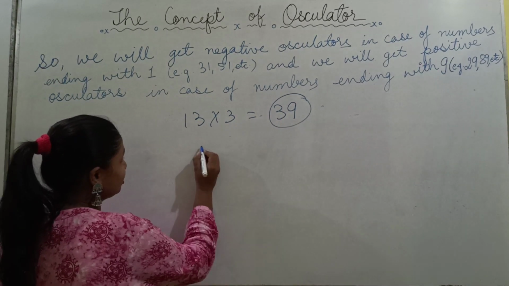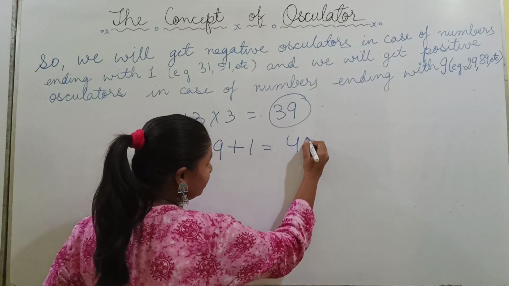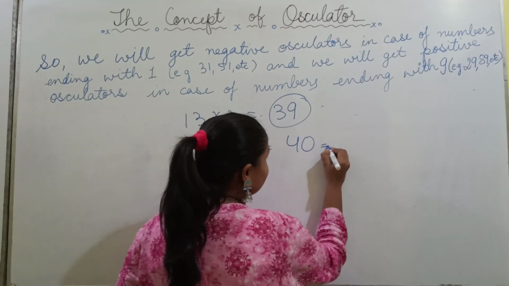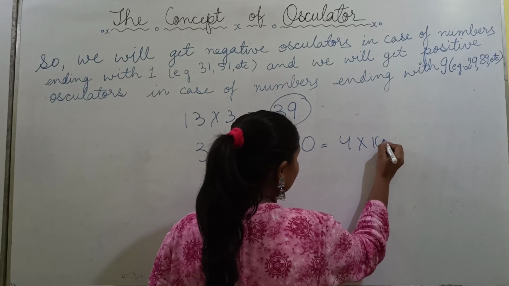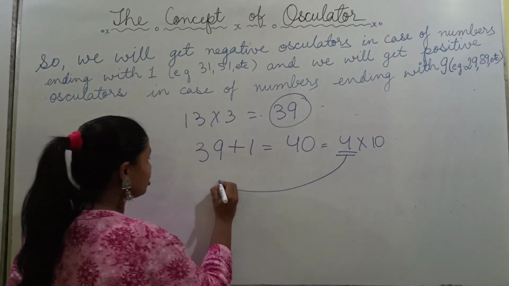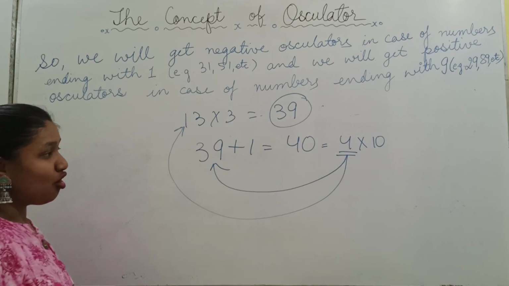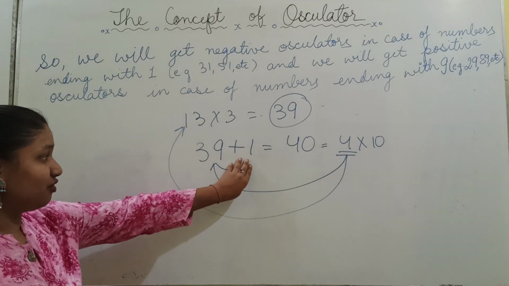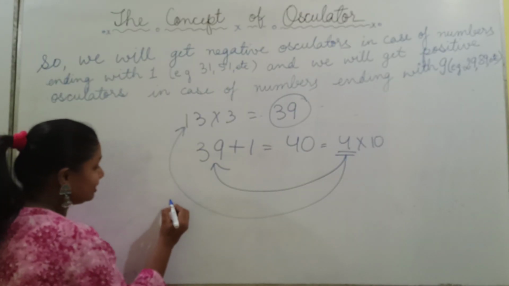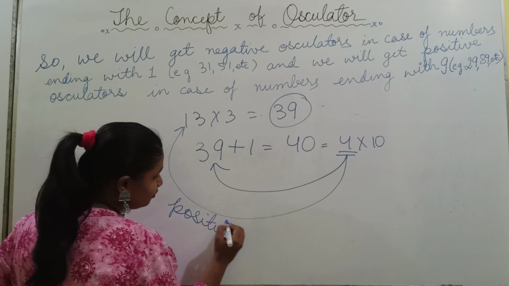Now next we will do 39 plus 1 equals 40, which is a multiple of 10, right? Also we know that 4 into 10 equals 40. Now this 4 will be the osculator of both 39 and 13, or as we have added 1 to get the multiple of 10, we will better say that this 4 is the positive osculator of 13.